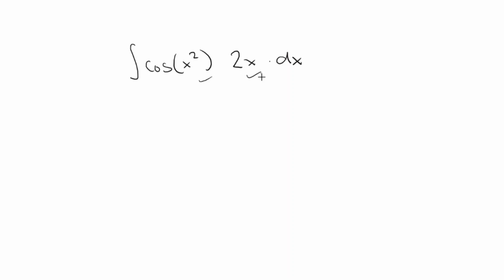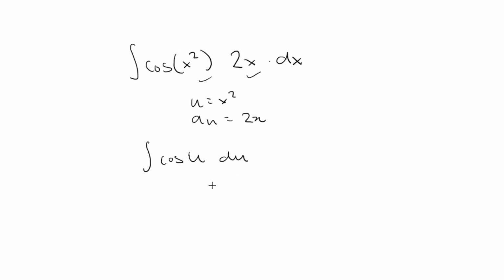So we meet the condition, which means that we can do u substitution on this. So u is x squared, du is 2x. So we've got the integral of cosine u with respect to u.